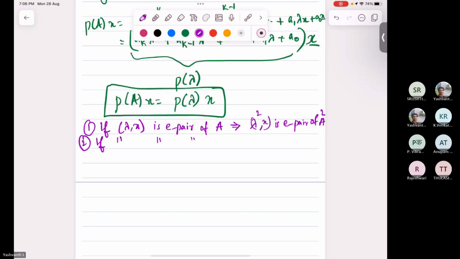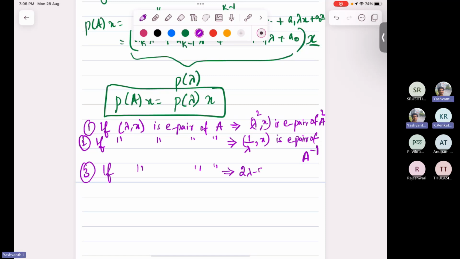Same thing for A, it implies 1 by lambda, x is an eigenpair of, can anyone complete? A inverse, exactly. If the same thing, 2 lambda minus 5, x is an eigenpair of 2A minus 5.